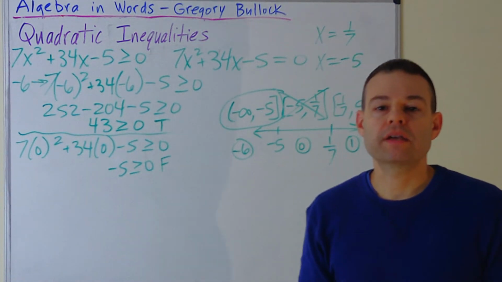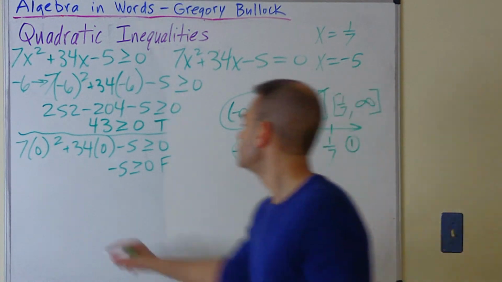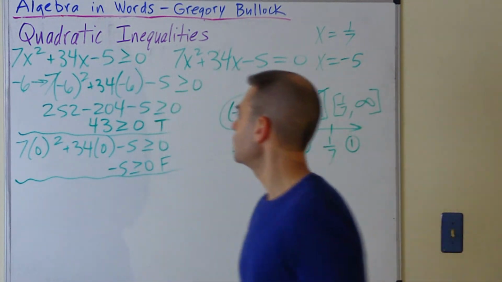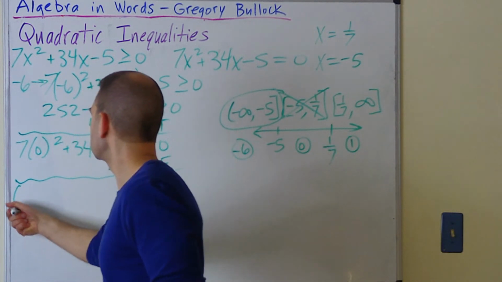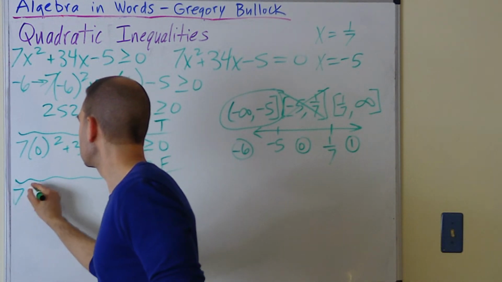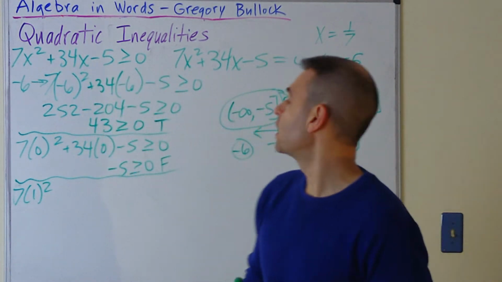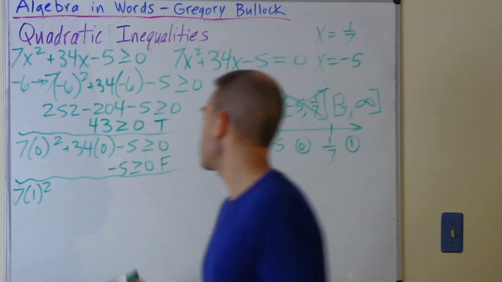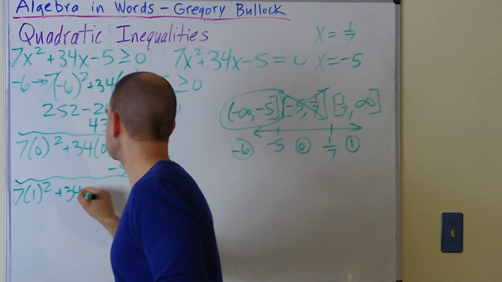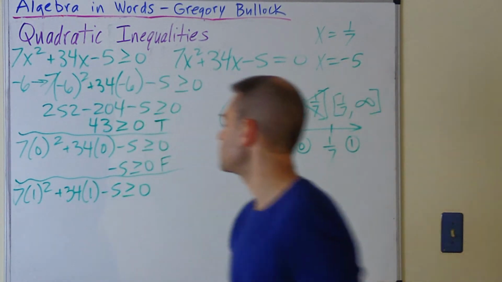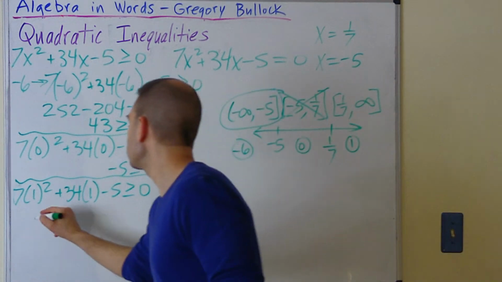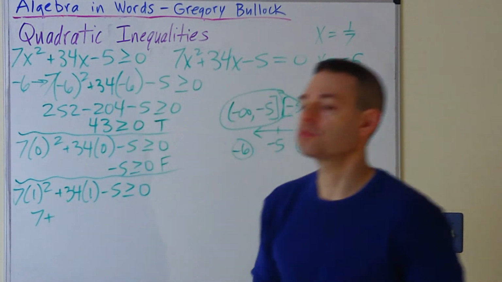And now let's test the last point, 1. So 7 times 1 squared plus 34 times 1 minus 5 is greater than or equal to 0. This becomes 7. This becomes 34.